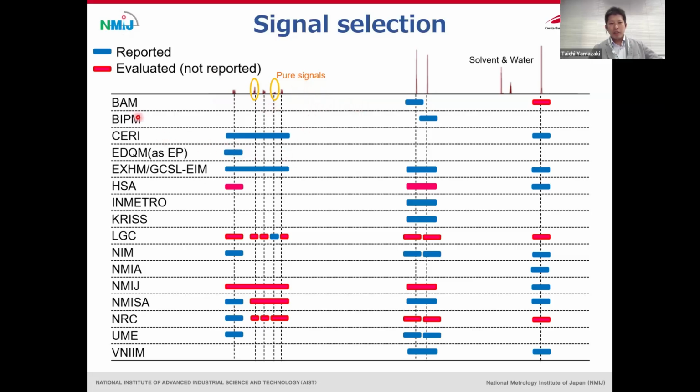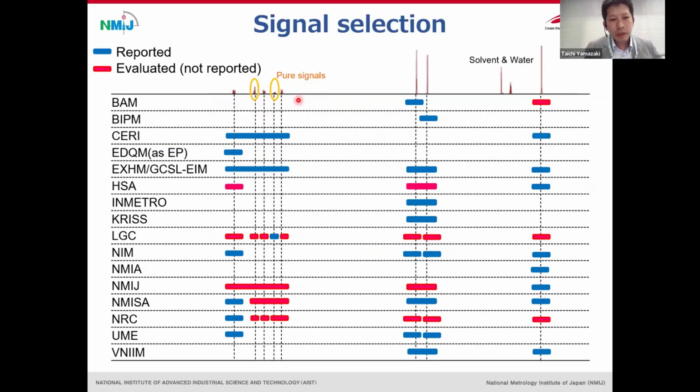Here is the signal selection. The blue line is a reported value, and the red line is evaluated but omitted in the report.